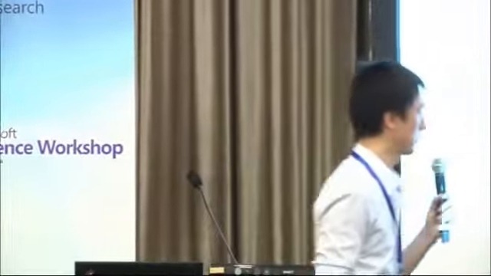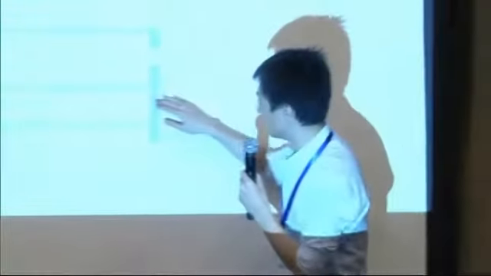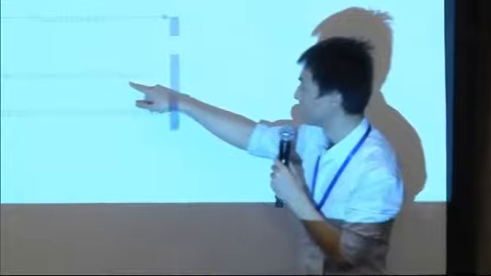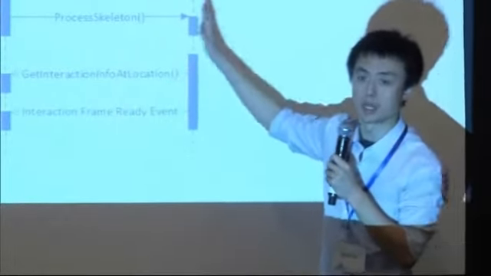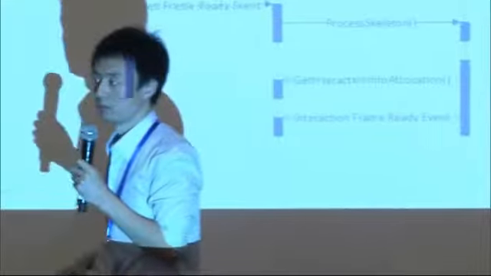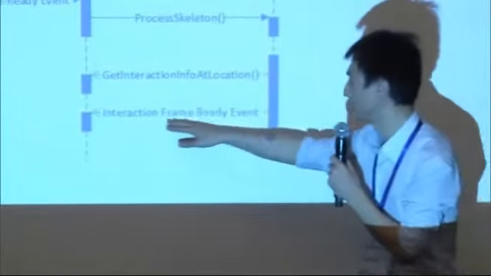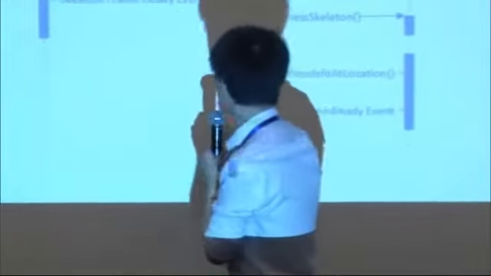The interaction stream will calculate the interaction frame based on the depth and skeleton frames. In the process, it will call the GetInteractionInfoAtLocation method, which is defined in the interaction client interface, to query from the client what the attraction point of the control is, and also whether the control is pressable, droppable or grippable. Then it will produce the interaction frame and trigger the InteractionFrameReady event, so the client application can get a new interaction frame out.